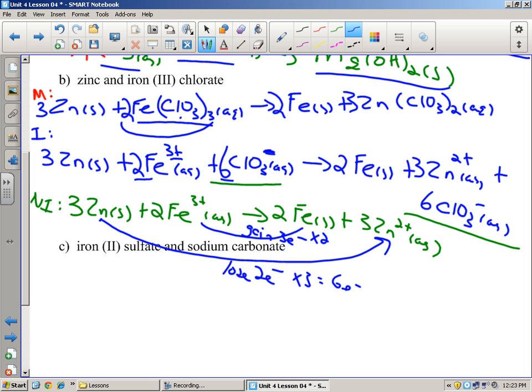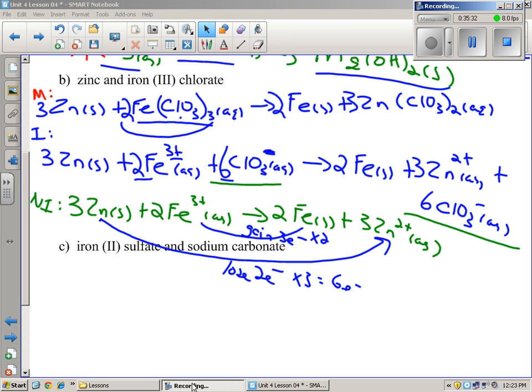Those 3 zincs are in total losing 6 electrons. Those 6 electrons are going to the iron. Okay? So what actually happens in a single replacement reaction? Electrons are transferred from one metal to another metal. That's what happens. In Chem 30, you will learn which ones do that very well and which ones don't. Basically what's happening here. Good afternoon, everyone. Okay, so we'll learn about that in Chem 30.